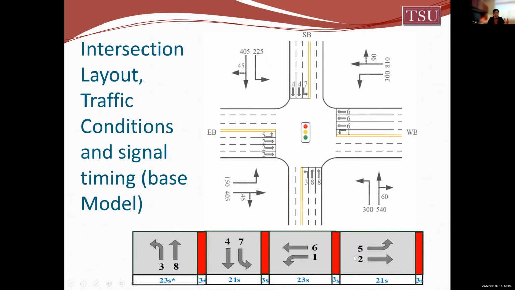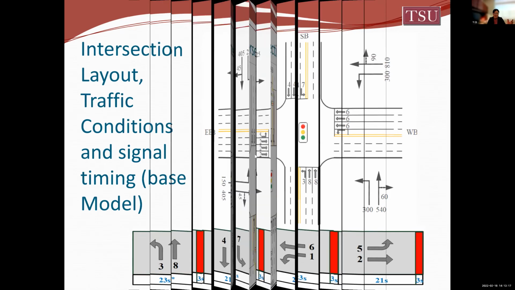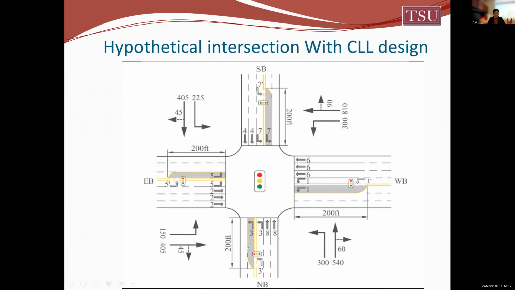So here is the signal timing, the split signal timing we designed according to the traffic volume from all the approaches. Okay, so this is like a baseline model, the base condition without the CLL lane. Then we try to implement this CLL design at this intersection. So we add the CLL lane, and the traffic condition is the same, but we redesign the signal timing.